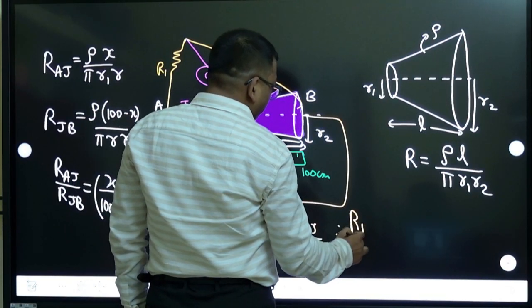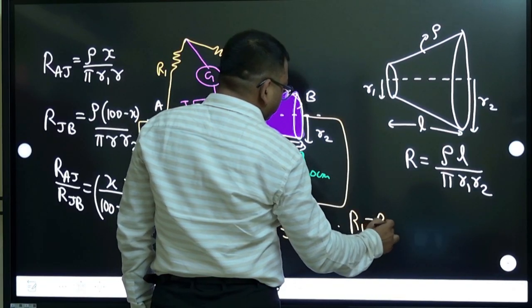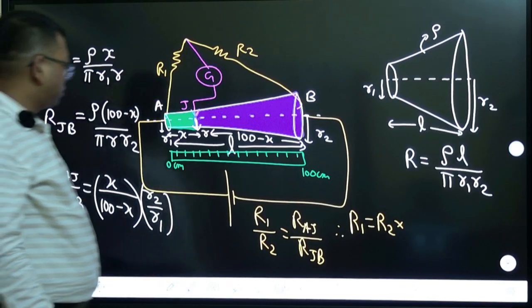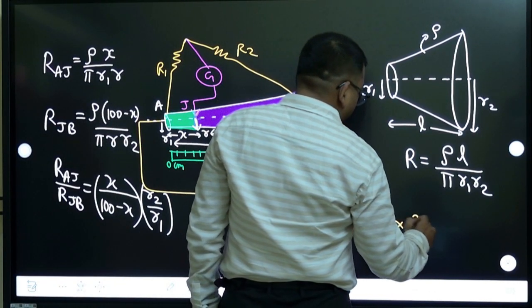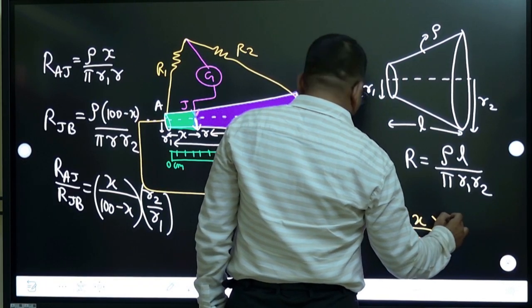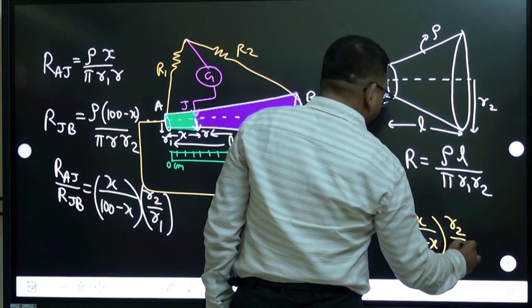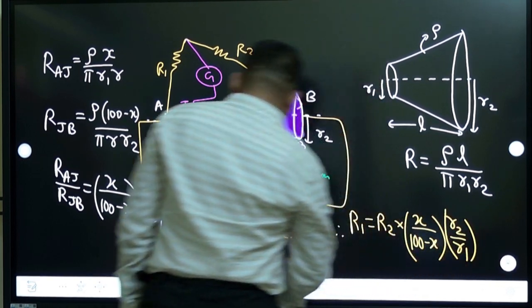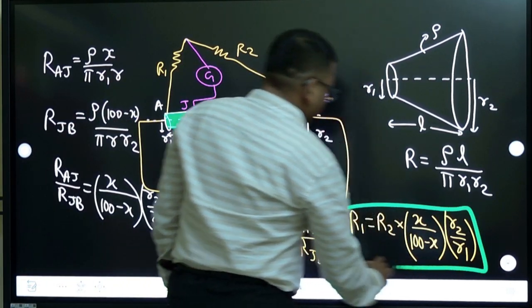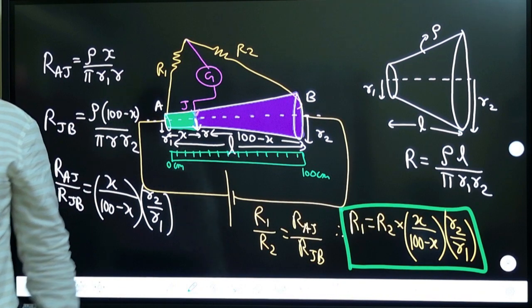R1 becomes R2 times this ratio. This ratio you have already got, x by 100 minus x, into R2 by R1. This is the formula for this type of case, where the wire can change, right?